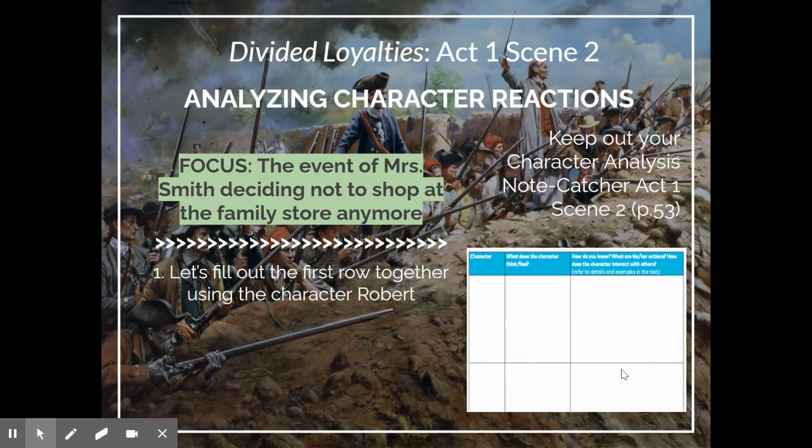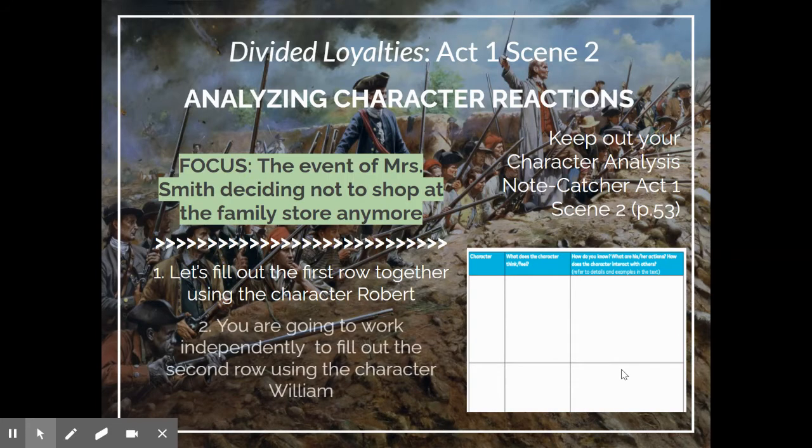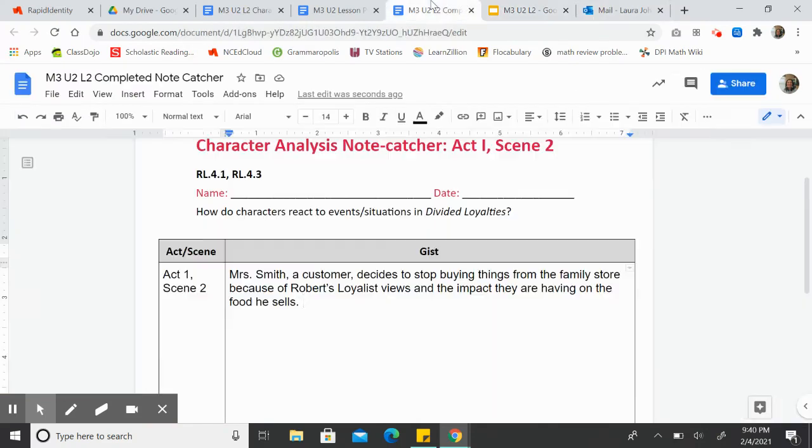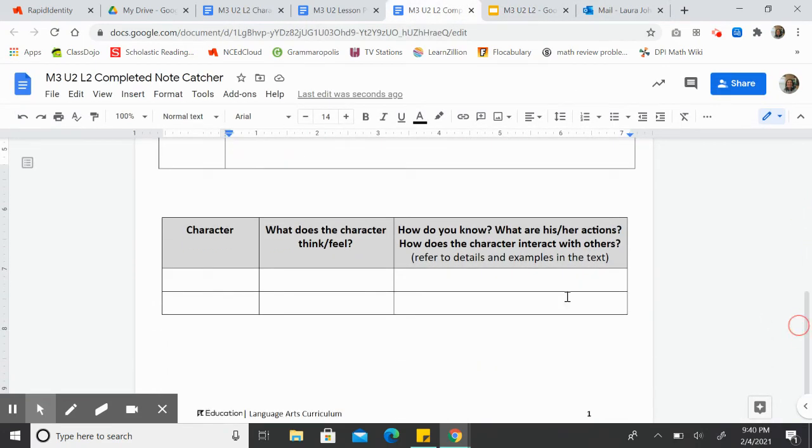Okay, so we're going to do the first one together, and then I'm going to have you do the second one independently, specifically in class. Okay, so our first character that we're going to focus on is Robert. And what does he feel or think?